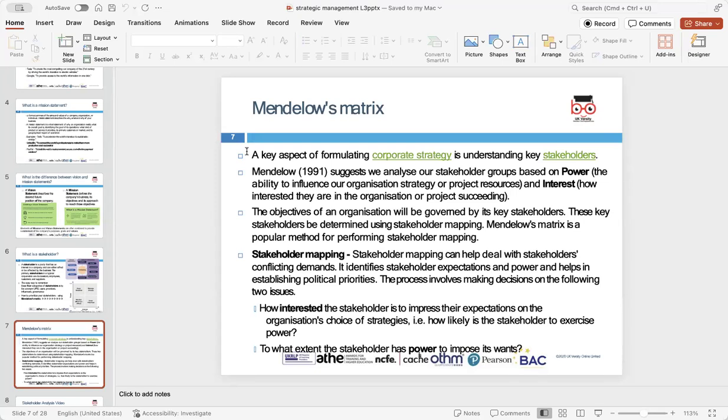Stakeholders with high power and high interest need to be closely managed, as their opinions and actions can significantly affect the company. Stakeholders with high power but low interest should be kept satisfied to prevent them from becoming more engaged in ways that could disrupt the company. Those with low power but high interest should be kept informed to maintain their support, while stakeholders with low power and low interest require minimal attention.